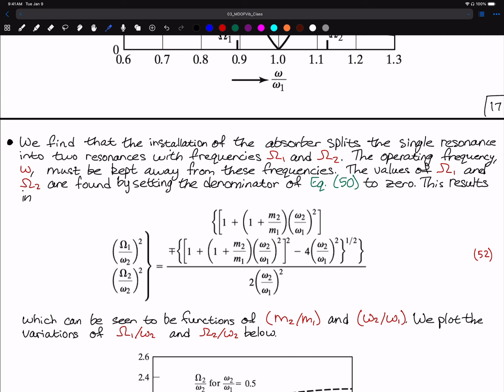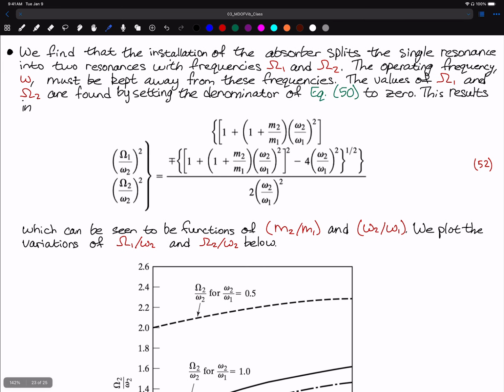Even this formula was too much for me to write, and so from here on, a lot of the formulas are going to become very big and very heavy, and we're going to instead just take them from the source where I found them. Okay, so we see here that each of these ratios of natural frequencies is a function of the mass ratio and the ratio of the natural frequencies.